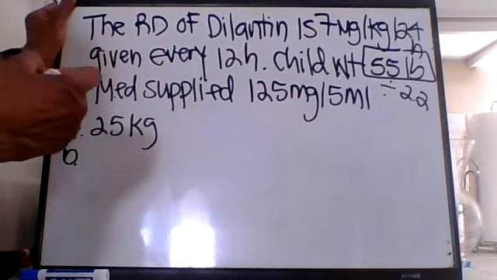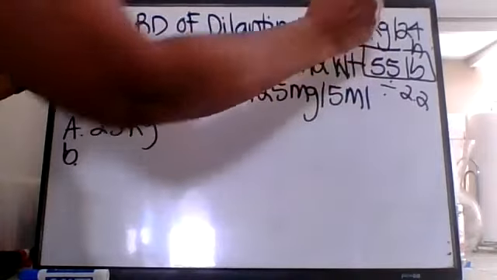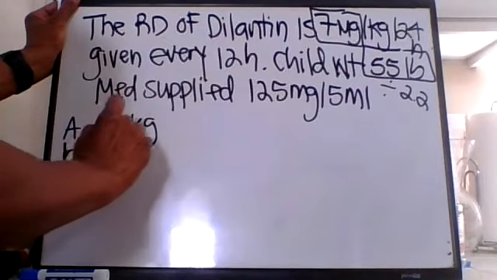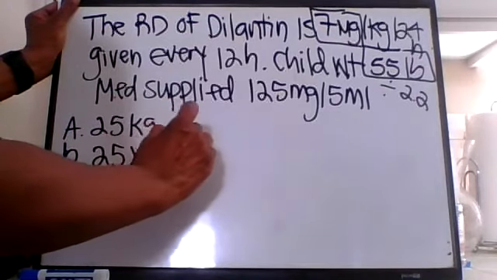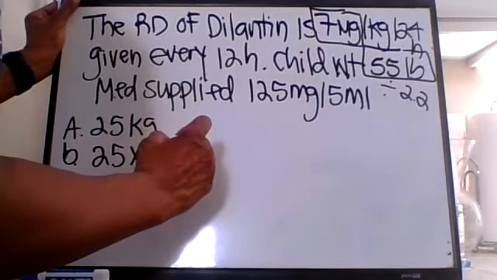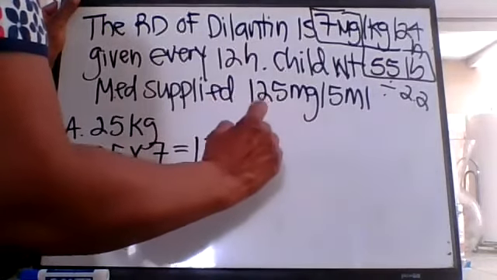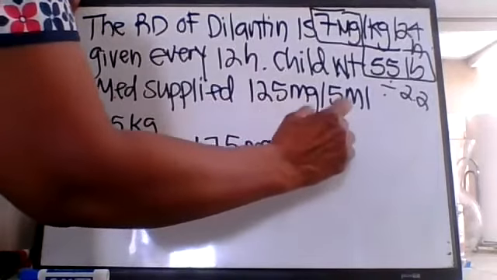Calculate the safe dose. Okay, the recommended dose is 7 milligrams. So we take our 25 kilograms, which is the child's weight, we multiply it by 7, and that gives us 175 milligrams per 24 hours.